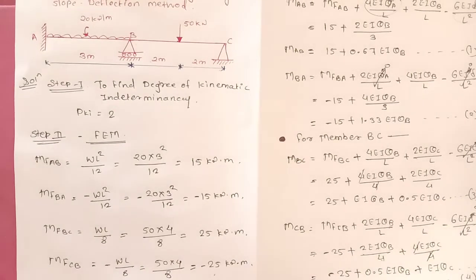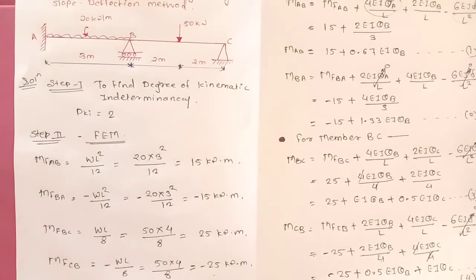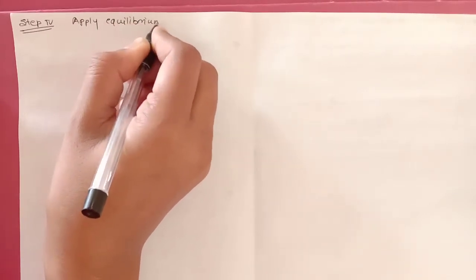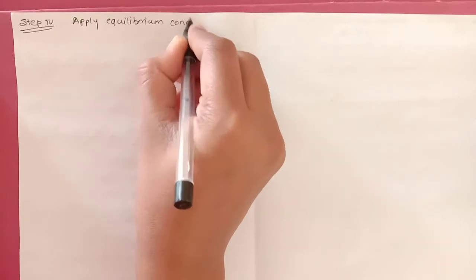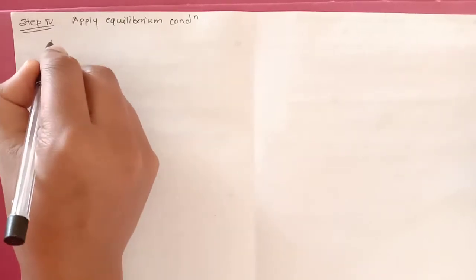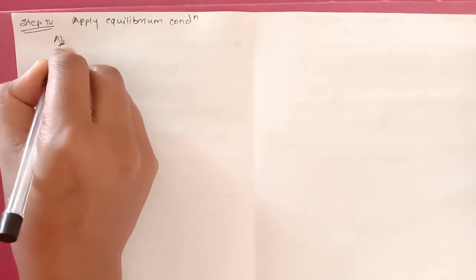Then next, step number 4. The fourth step is to apply equilibrium conditions. First, apply the equilibrium condition at joint B and joint C. Here we take joint B first.